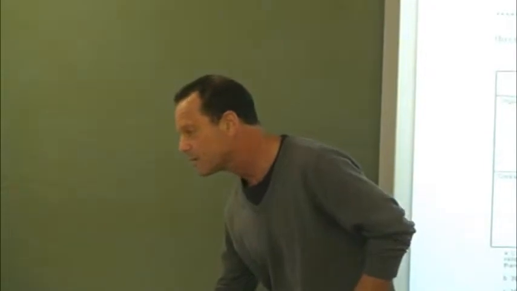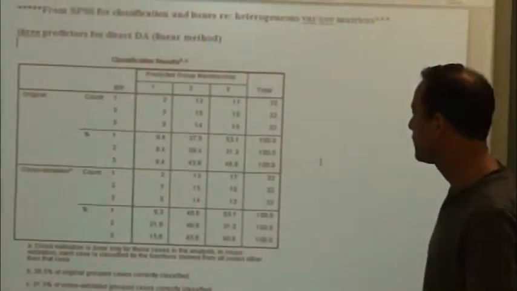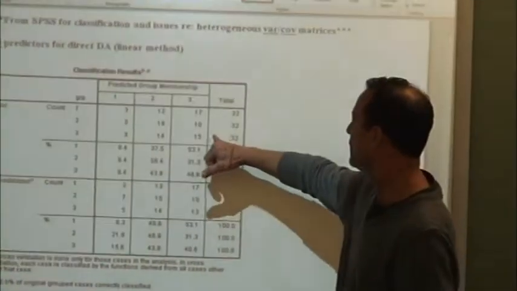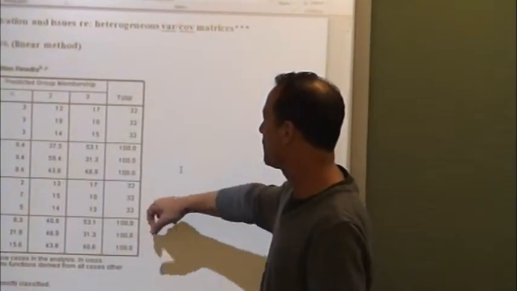So from SPSS, everybody, 3 predictors for what's called direct discriminant analysis, what's called the linear method. So again, keeping in mind, this is just a different model, everybody, some other data from a very small data set. 32 people, and we see here classification.